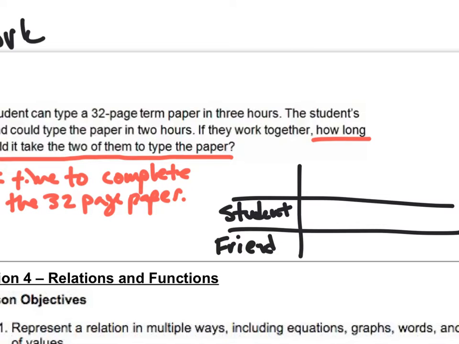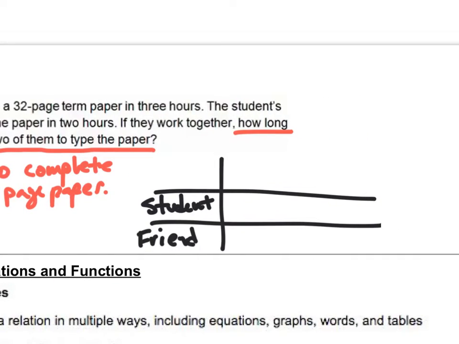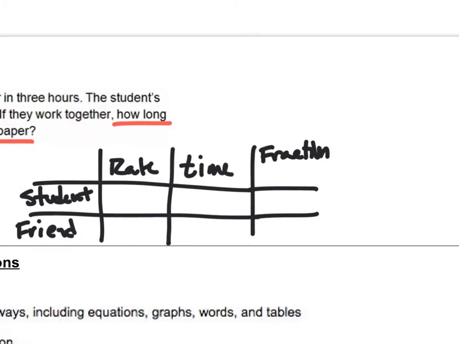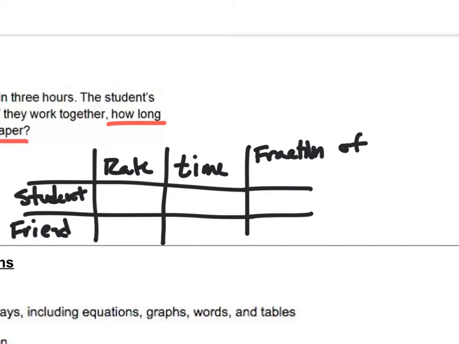And we have the rate at which they can type. And then we have the time that it takes, and then we have this other one that says the fraction of the job completed.